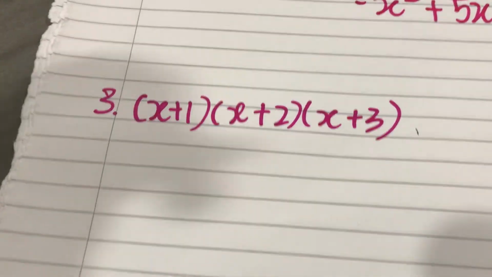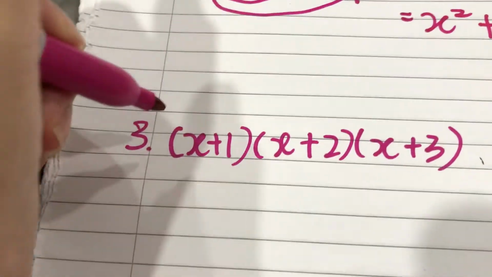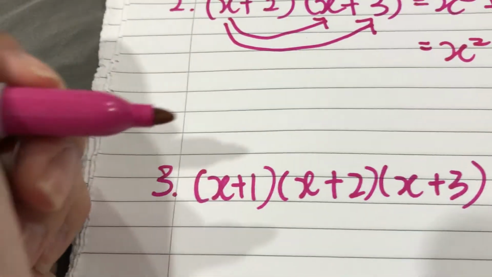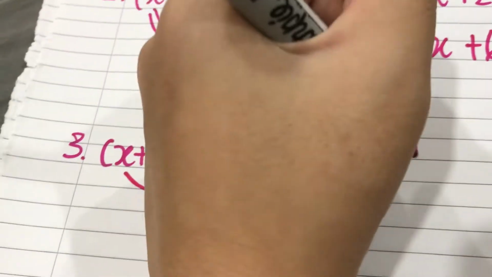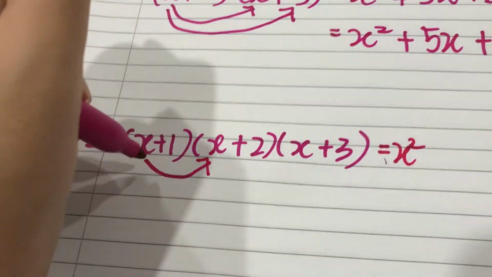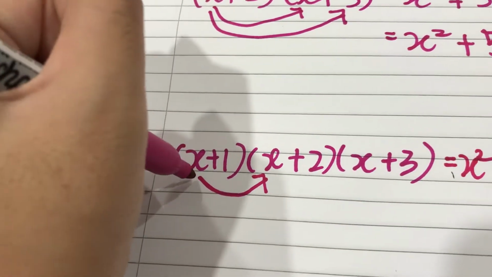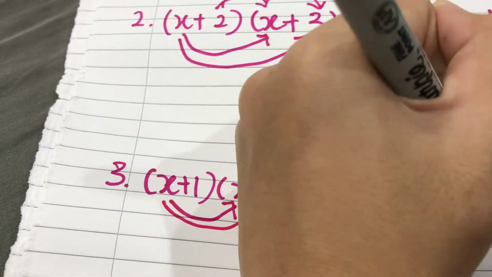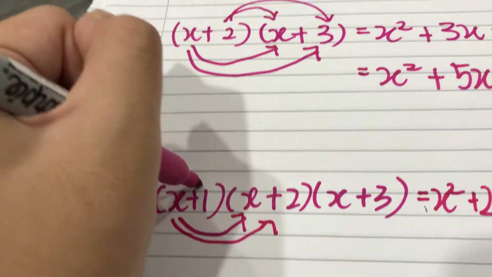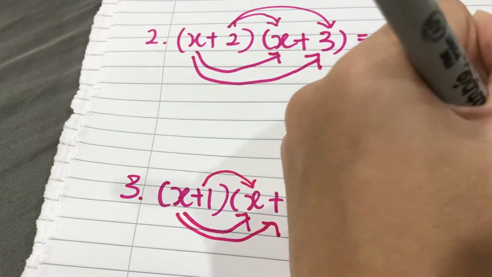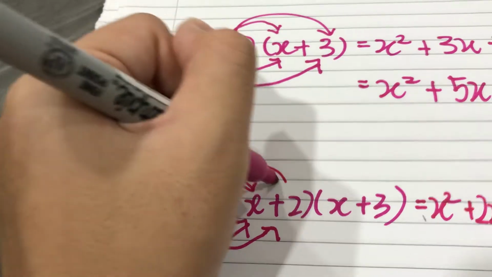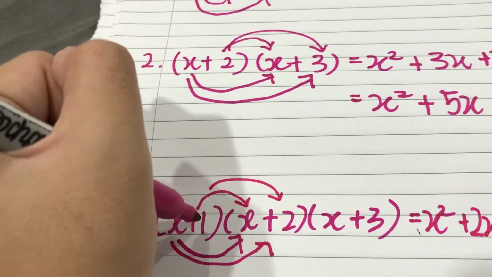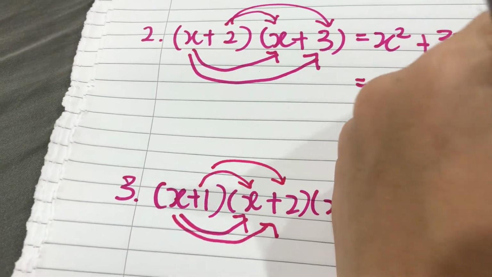Next question is when there are 3 brackets. So we have to solve the first 2 brackets first. So x times x is normal. Then we'll get x squared plus 2x, right? x times x. And then 1 times x is 1x. 2 times 1, you get 2.